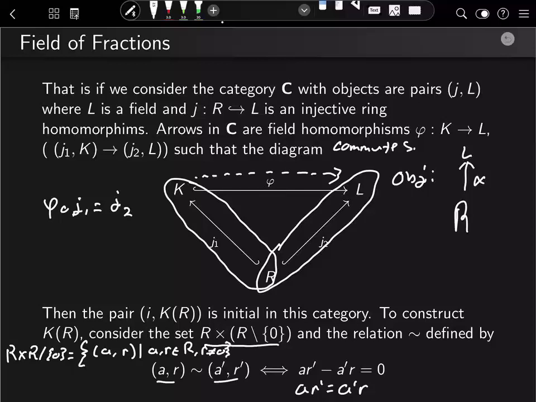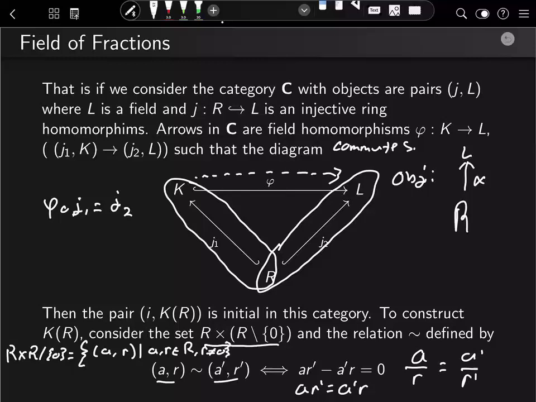And we know that a fraction, a over r, is equal to a prime over r prime if and only if a r prime is equal to a prime r. So we do this cross multiplication operation, and we get that this is true if and only if a r prime is equal to a prime r, which is exactly the type of equivalence relation we're imposing here.